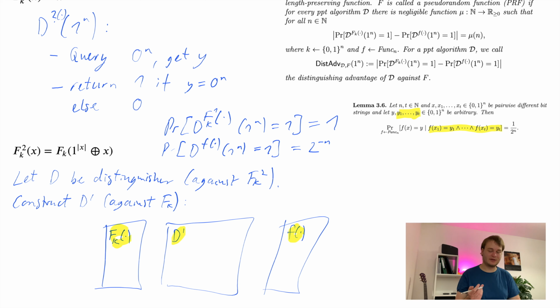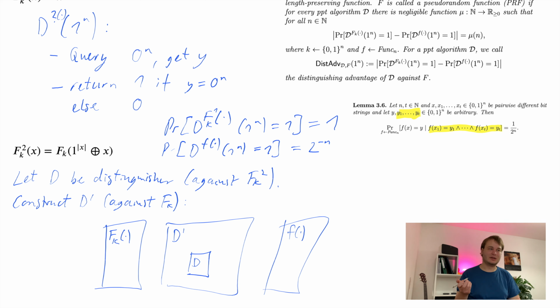So this is the scenario that our D prime is in, and the goal for D prime will be to distinguish which of the two worlds it is in. And in order to distinguish this, it will enlist the help of distinguisher D. Because this is what we do in the reduction, right? We want to use the potential capabilities of D in order to construct our D prime.